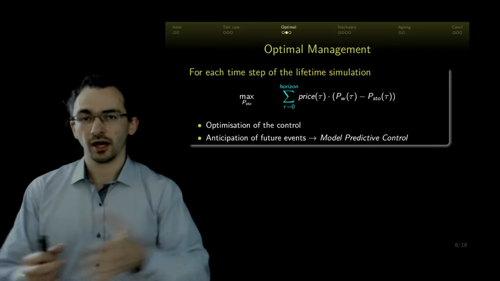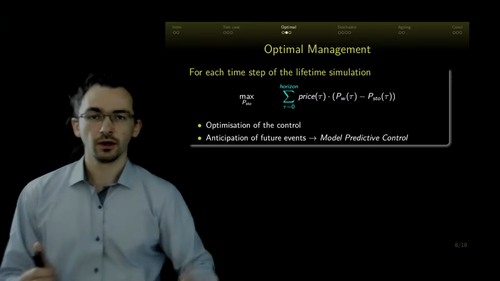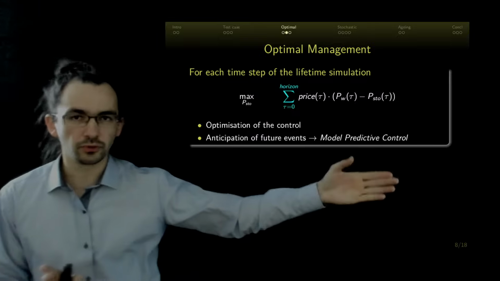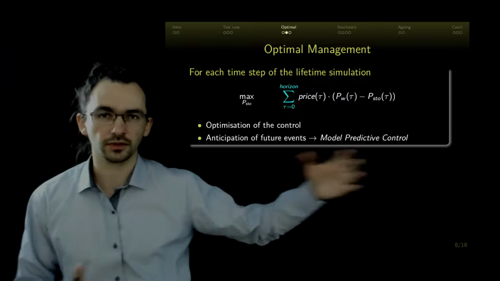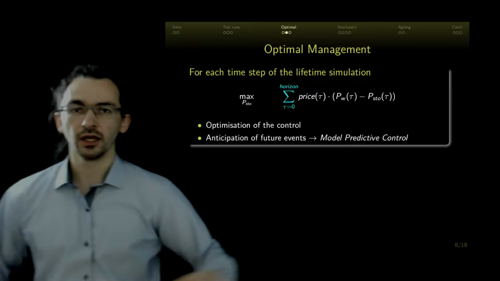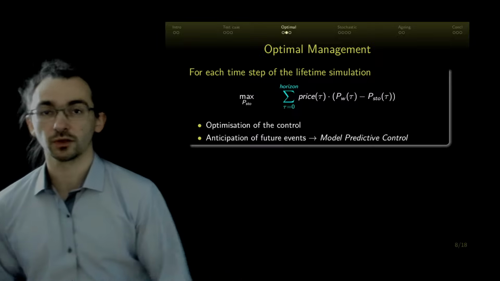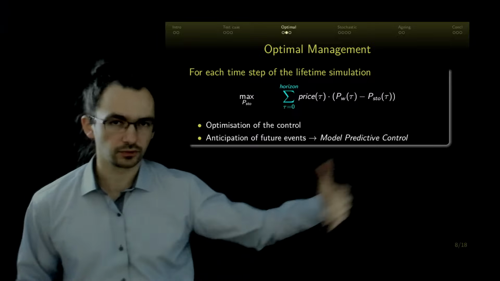So I should have a sliding window from the hour I live in up to a horizon of, let's say, 24 or 48 hours, in order to anticipate the fluctuations of both the production and the energy price in the next 2 days, for instance.